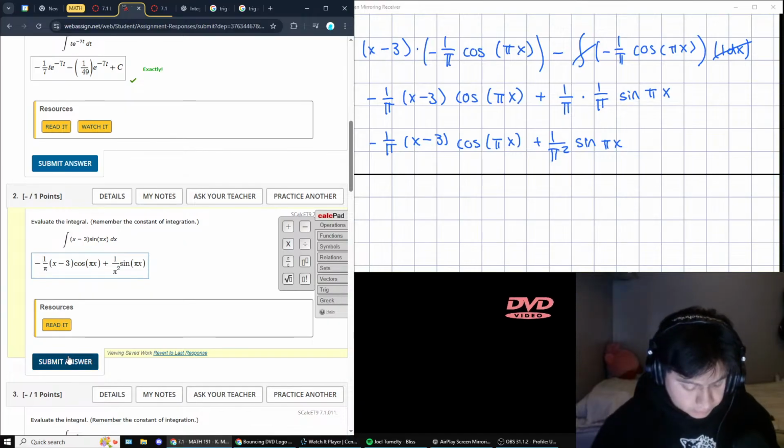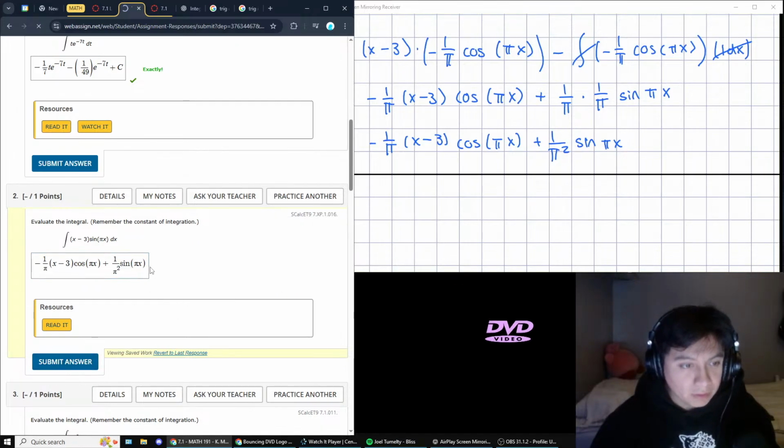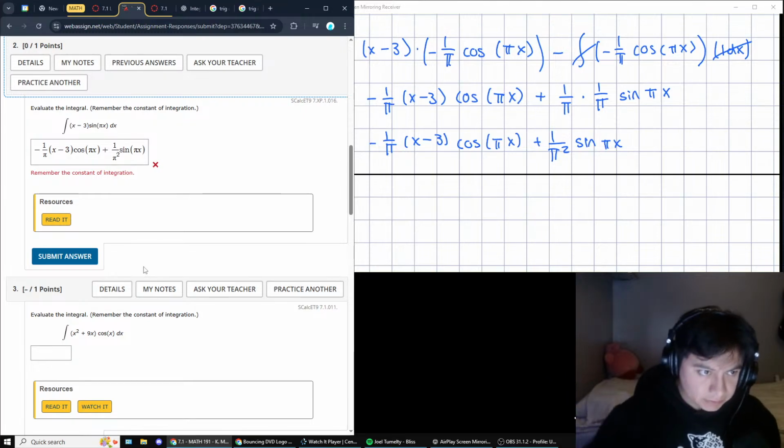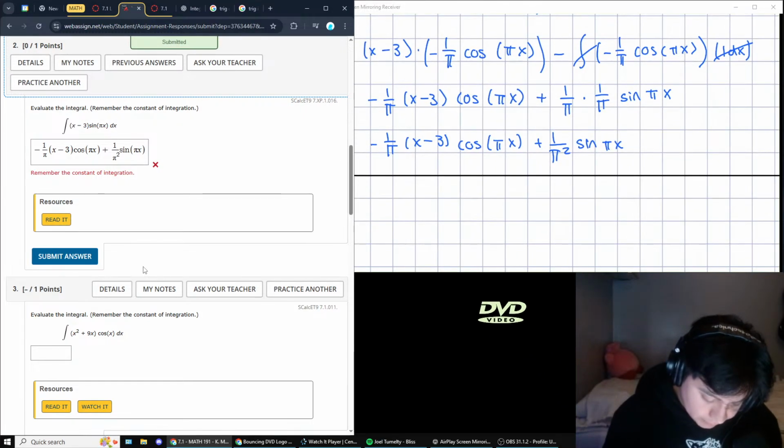Alright, x minus 3 cosine pi x plus 1 over pi squared sine pi x. Oh, I forgot plus c, plus c, plus c, plus c. Oh my god, I keep forgetting.